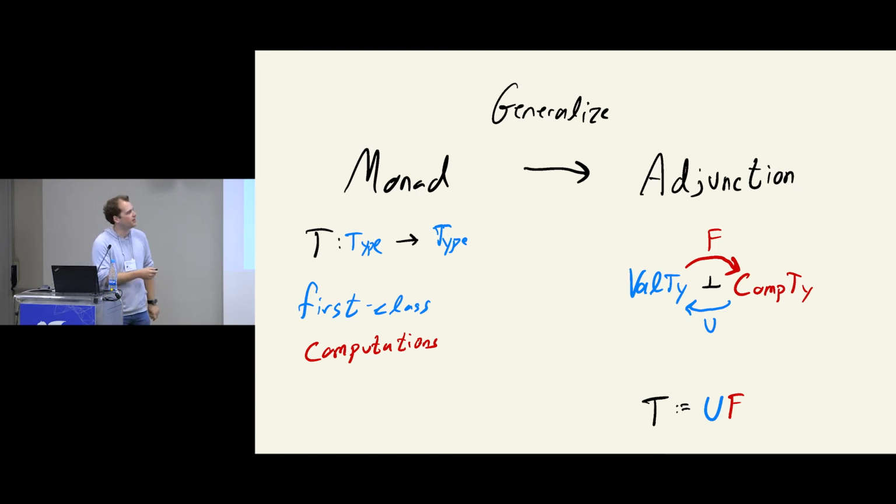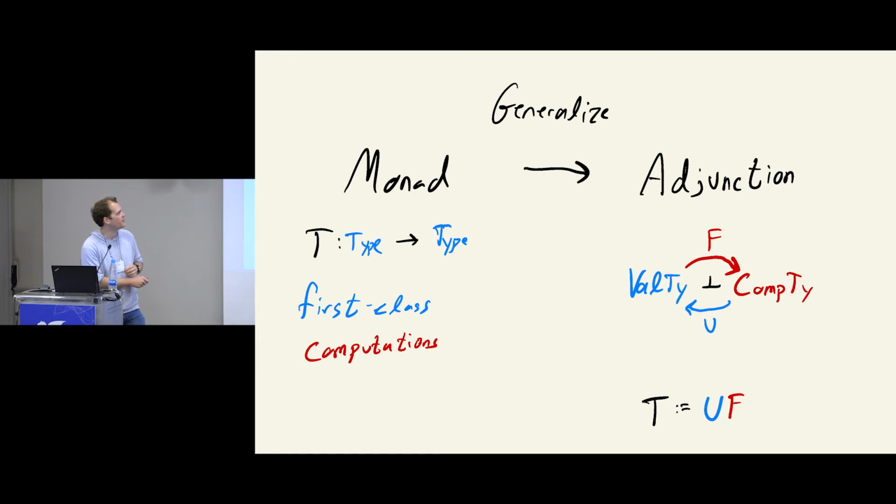Okay, and the idea of an adjunction, specifically in these call by push value models, is that instead of having one kind of types, we're going to have two different kinds of types, which are what I call the value types, which are like the first-class values, and then the computation types, which you can kind of think of as second-class types, in that something that has a computation type isn't yet a first-class value that you can pass around, okay?